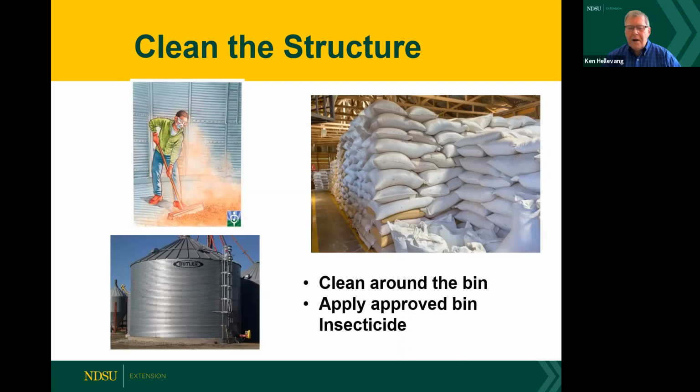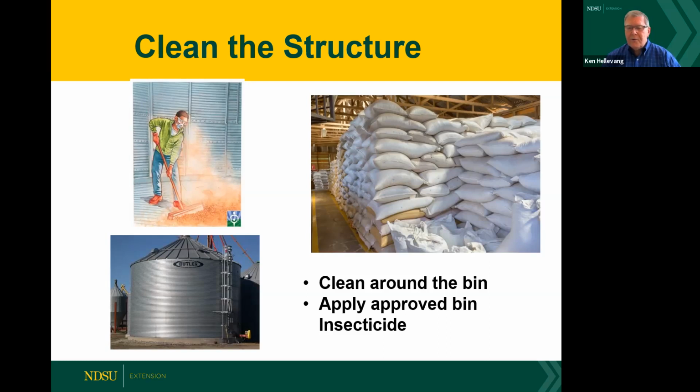Our normal recommendation is that if you can tell what was previously in that storage, it's not clean enough for the new grain. So it requires a thorough cleaning. We also recommend cleaning around the outside of the storage because the more environment that might attract insects, the more potential for problems.